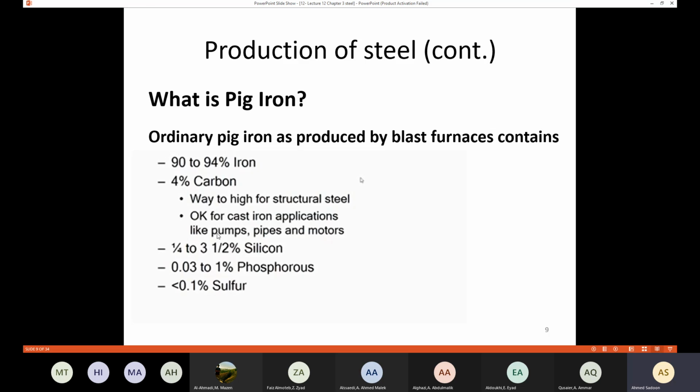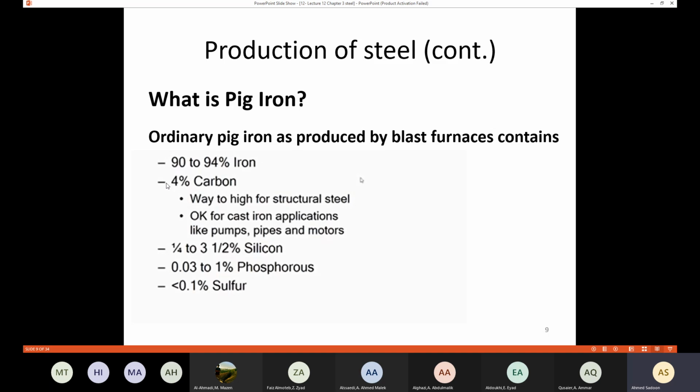Cast iron is used for things like pumps, pipes, and motors. And the percentage of silicon is between 1/4 to 3.5%, the phosphorus between 0.03 to 1%, and the sulfur is less than 0.1%. So here are the properties of the pig iron.